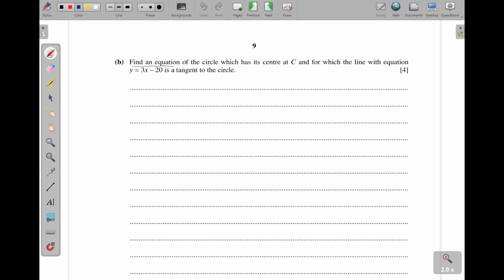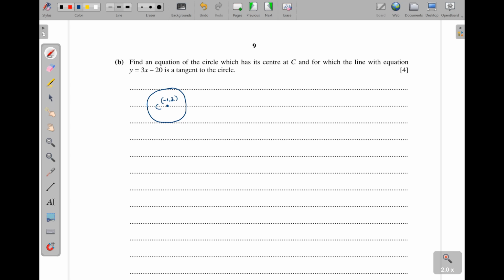Part B, find an equation of the circle which has its center at C and for which the line with this equation is a tangent. Okay, now we are going to have that circle. The center is negative 1, 2.